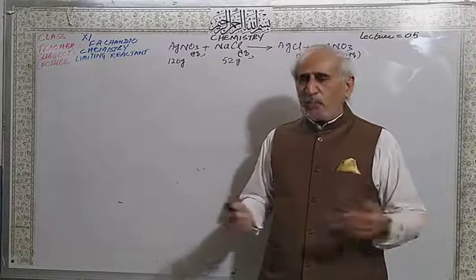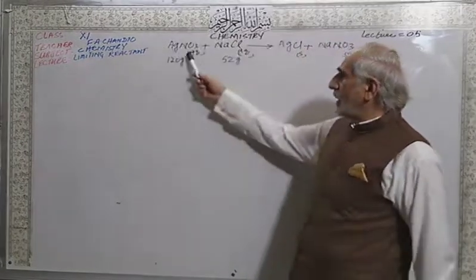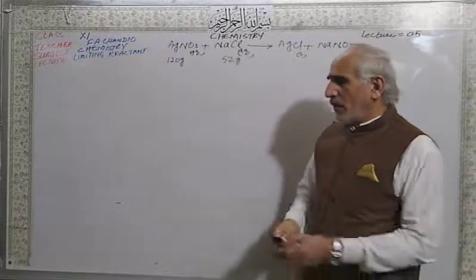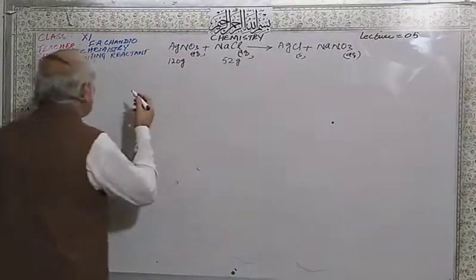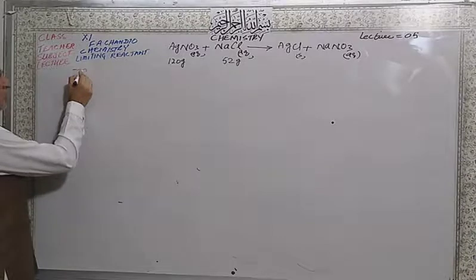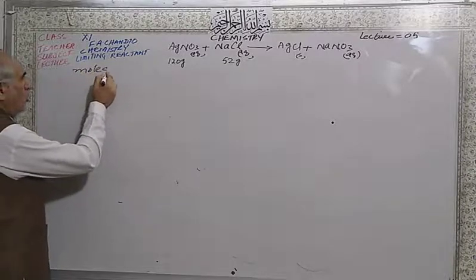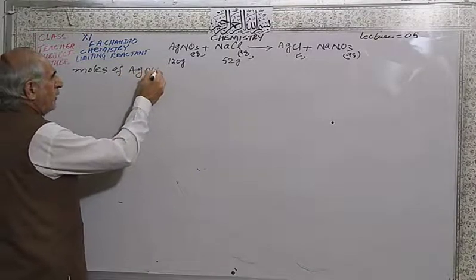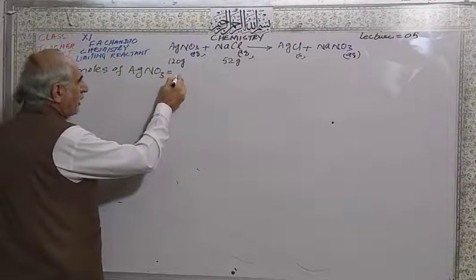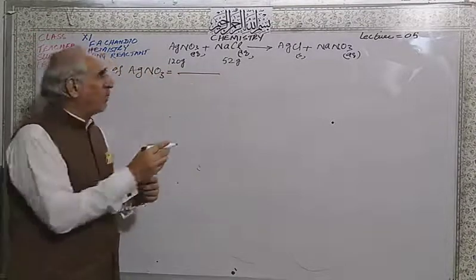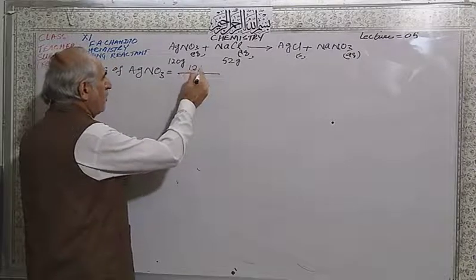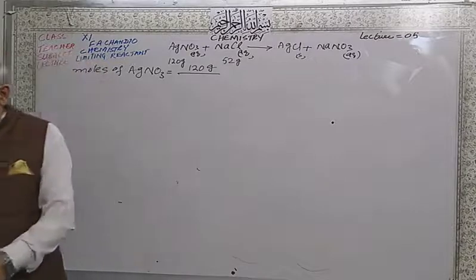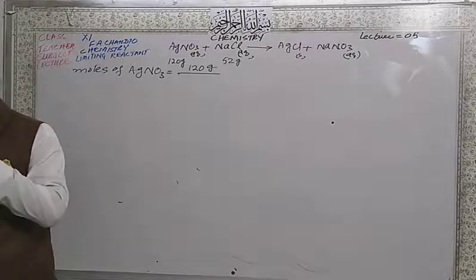So the procedure is the same. First of all, I have to change this mass into number of moles. Moles of silver nitrate: you know the formula, mass in grams, 120 grams, and you have to calculate the molar mass.